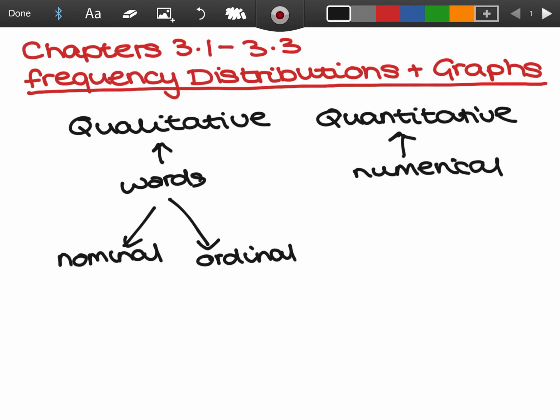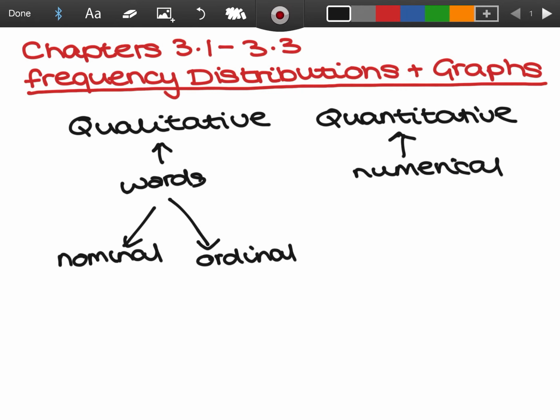Nominal data is any kind of qualitative data where there is no scale to it. So, for example, if I ask someone what their favourite colour is, one colour is no better than any other colour. It's data that's in word format that has no scale.